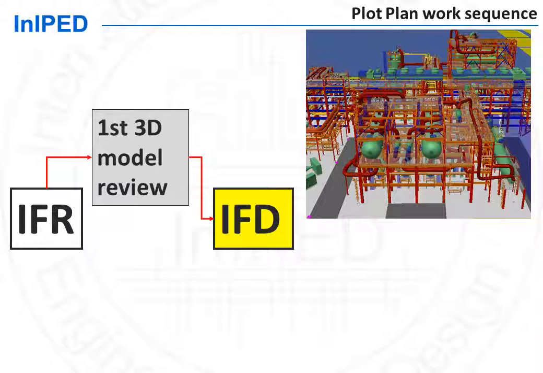As you remember, a number of equipment are designed by vendors such as rotating equipment, fired equipment, packages, heat exchangers. The dimensions of these equipment will not be known at the stage of the issued for design plot plan.